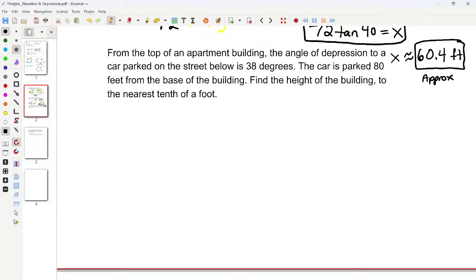All right, so from the top of an apartment building, there's an angle of depression. Key trigger phrase, draw a picture, obviously. Let me read through this. To a car parked on the street below, that is 38 degrees. The car is parked 80 feet from the base of the building, and find the height of the apartment building. Okay, so draw a picture.